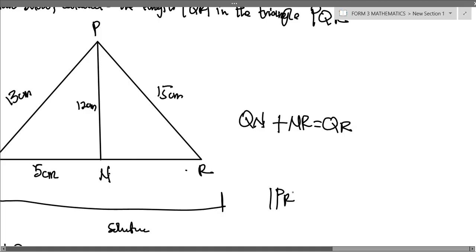So we know that NR squared will be equal to PR squared minus, I believe at this point you should know why it's minus. So we use the Pythagorean theorem, then we did change of subject in order for us to get our NR. PR squared minus PN squared.